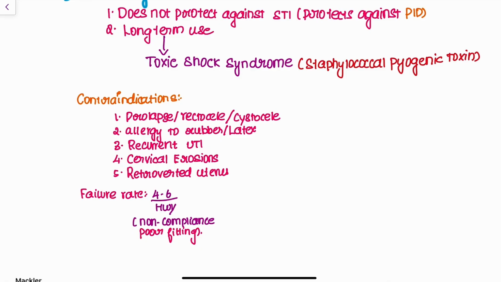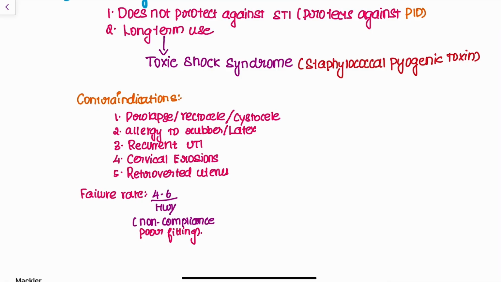And in those patients who have cervical erosions, you cannot use this diaphragm, because in the long term it might lead to erosions and ulcerations, which might lead to friction and rubs, and it might develop into cancer as well, right?